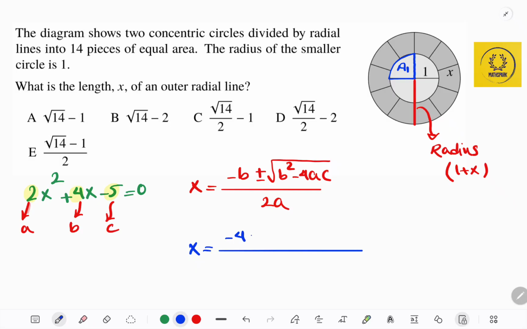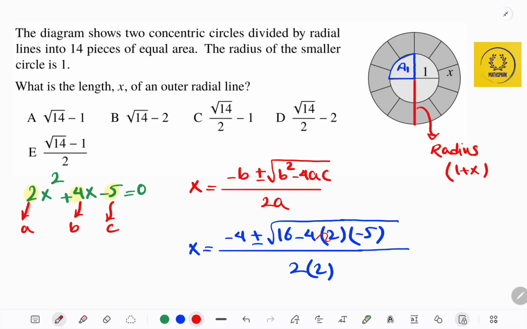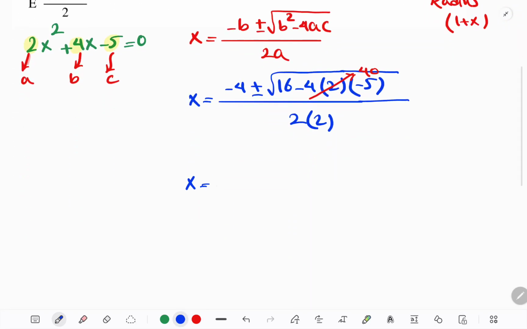Okay, x is negative b, which is minus 4, plus or minus the square root of b squared, which is 16, minus 4 times 2 times negative 5, over 2a, which is 2 times 2. 4 times 2 is 8 times 5 is 40, positive 40, and 40 plus 16 is 56.